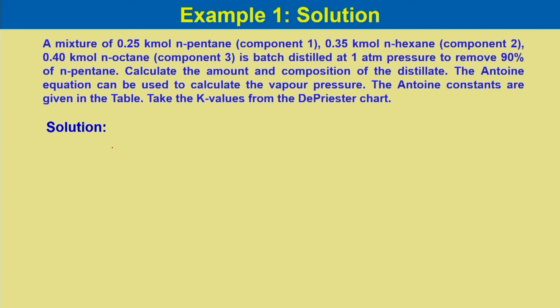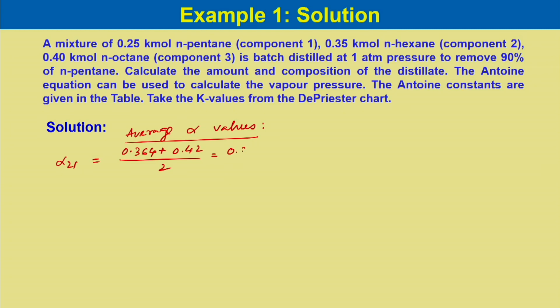We can calculate the average alpha values. Alpha 21 is equal to 0.364 plus 0.42 divided by 2, which is equal to 0.392, and alpha 23 would be equal to 6.466 plus 4.74 divided by 2, which is equal to 5.6.